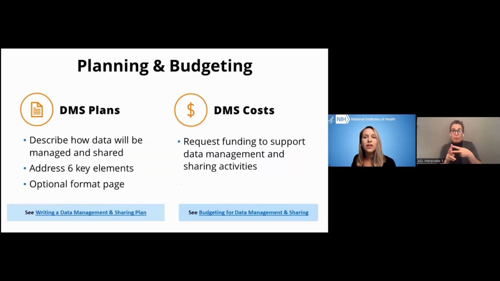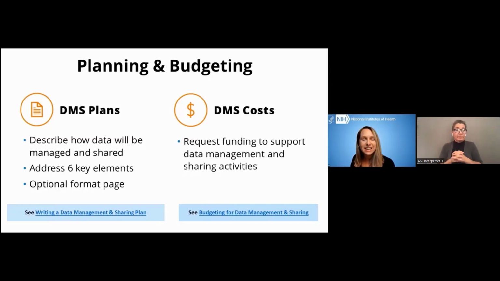In webinar 1, we also discussed how to prepare DMS plans and budget for related costs. As a reminder, DMS plans should describe how the data will be managed and appropriately shared by addressing 6 key elements. And we've provided an optional format page or template that investigators may find helpful in structuring their plans.